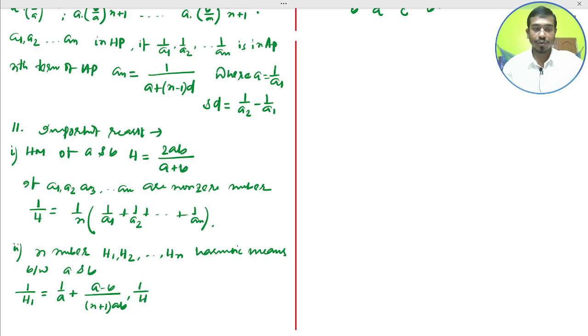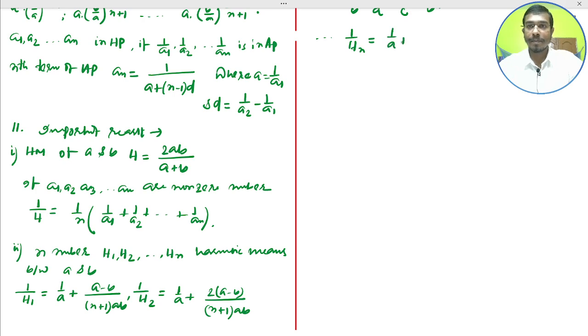Next, 1/H2 would become 1/A plus 2 into (A minus B) divided by (n plus 1) into AB. As it is, up to 1/Hn, which would become 1/A plus n into (A minus B) divided by (n plus 1) into AB. Okay.